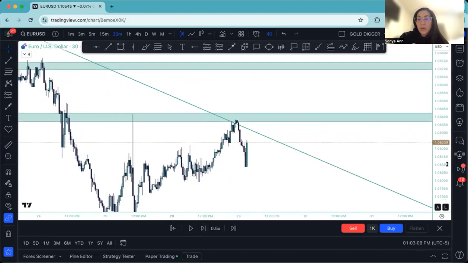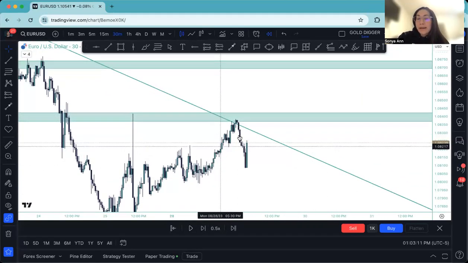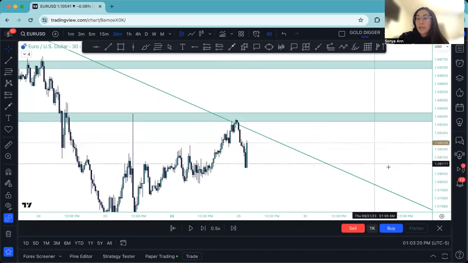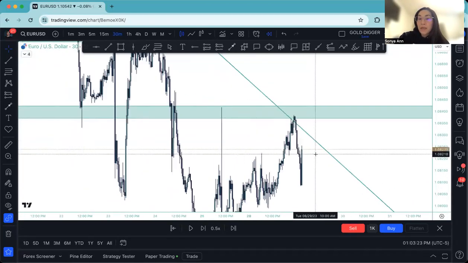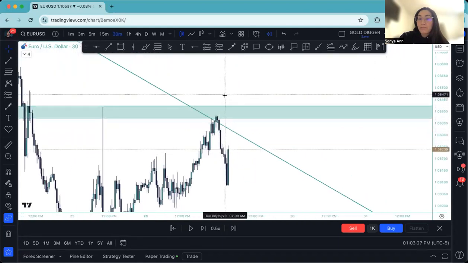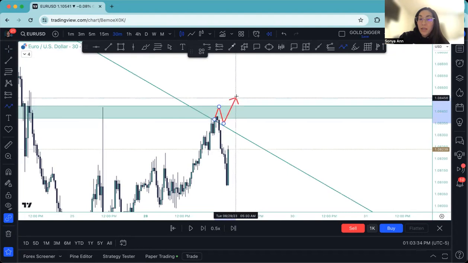Okay, and I want to show you this perfect example of why we always wait for the break and retest. Do you see how that broke right there and closed, but it didn't retest it? When it's retesting, it's going to break, go back down, and then go up.